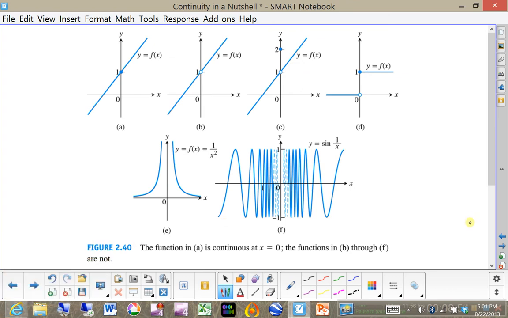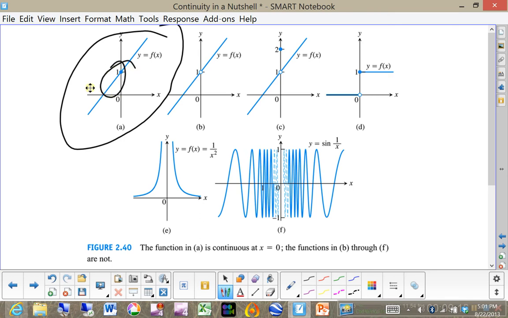Now here are some examples of a function. First of all, the first function is y equal f of x. It's a straight line that goes through 0 and 1, and it's continuous at x equals 0.